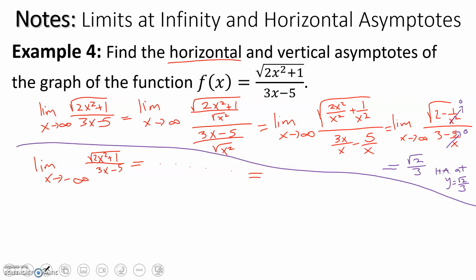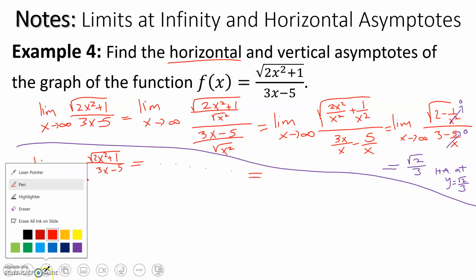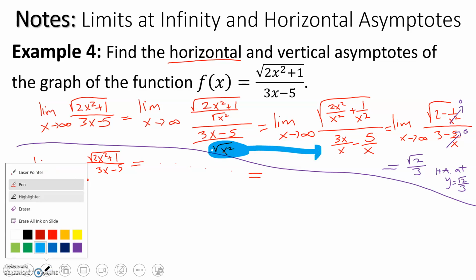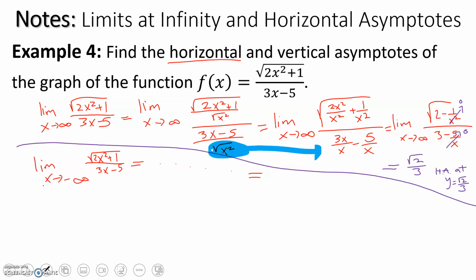The only difference is going to come when we get to this step, from here to here. Because when we take the square root, if we are approaching negatives, the square root of x squared is actually going to be negative x instead of positive x.